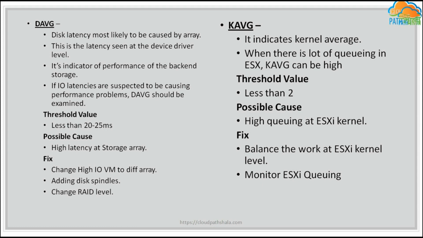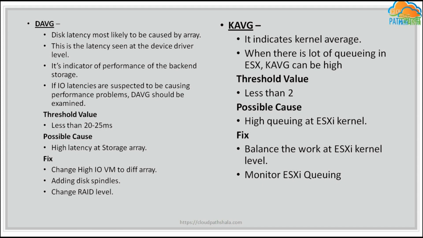We have plugins at the array level and the ESXi level which understand the commands being processed or sent through the VM kernel. These are the commands which were sent through the VM kernel but are queued up. So if there is high queuing of the ESXi kernel commands, you want to deal with it at the ESXi layer, not at the storage end.